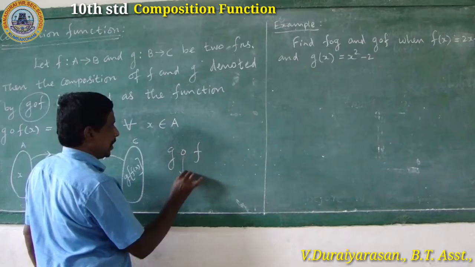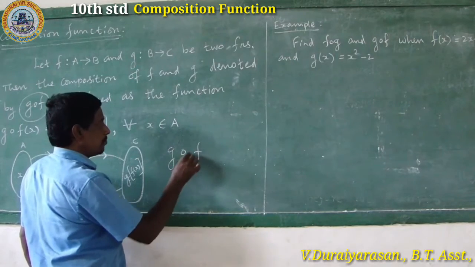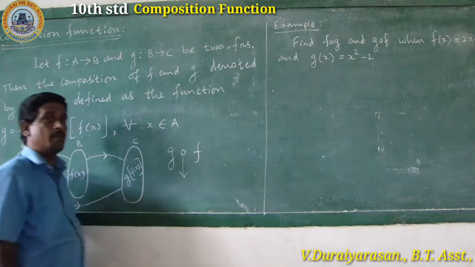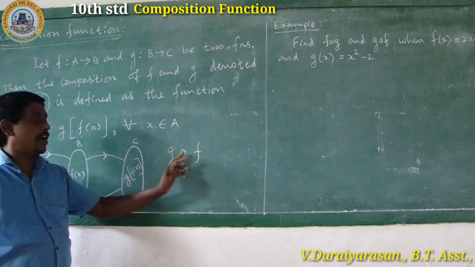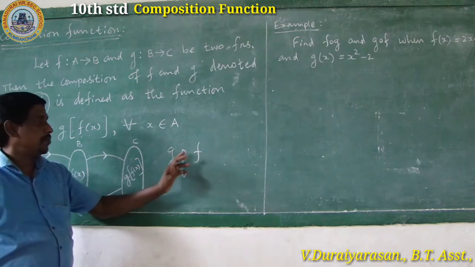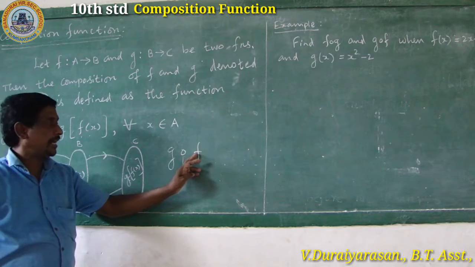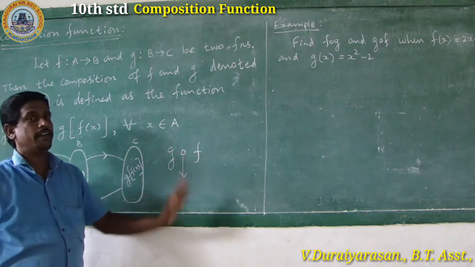The small circle is read only as composition. G composite f, or g dot f. G composite f is also read as g dot f.